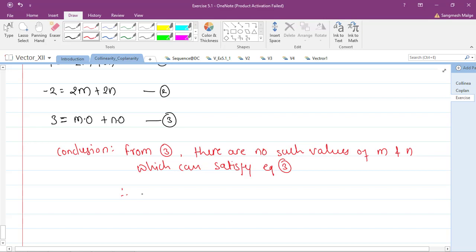Therefore AB bar, AC bar and AD bar are what? Non-coplanar vectors.